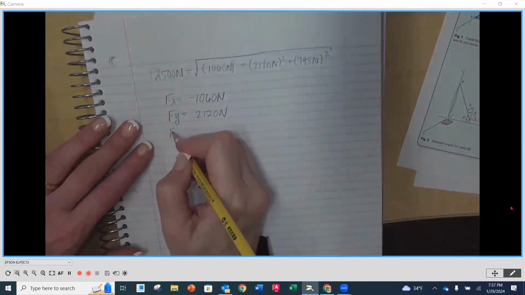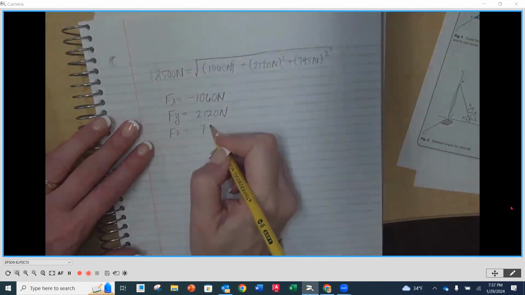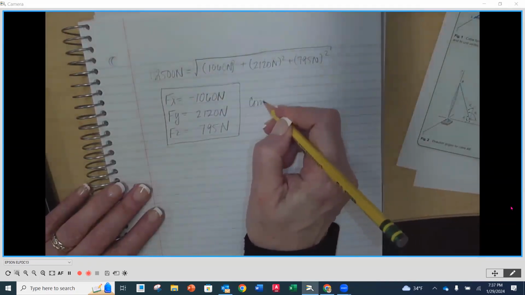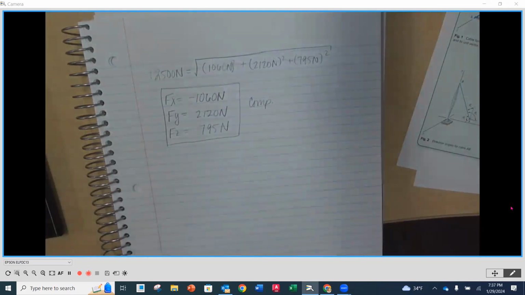It's positive, so that means that it's going up, which we saw on all of our diagrams. And then our Fz is equal to 795, coming forward, towards us in the positive direction. So these are the components of that guy wire.